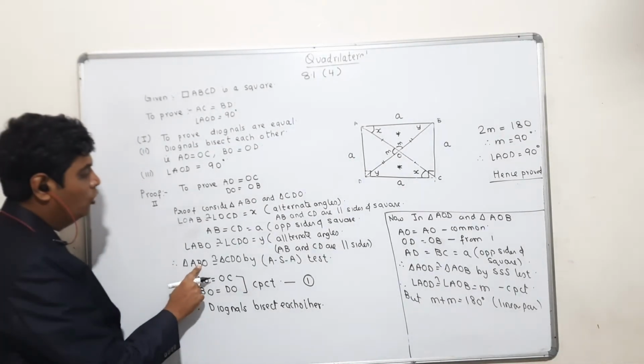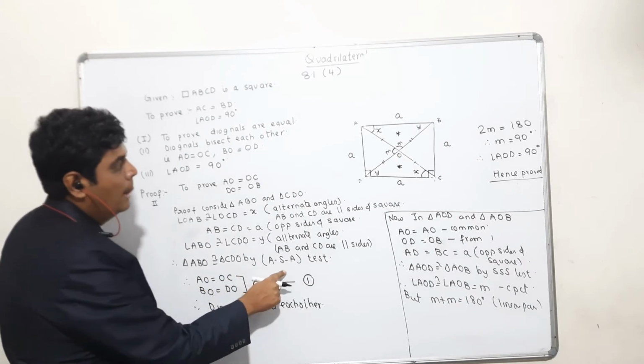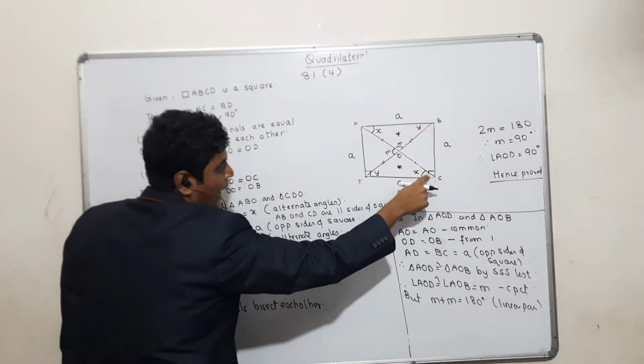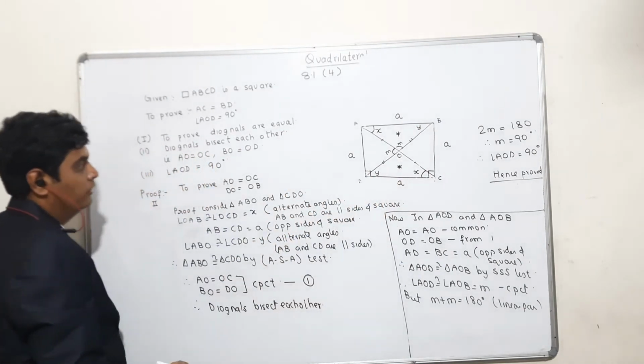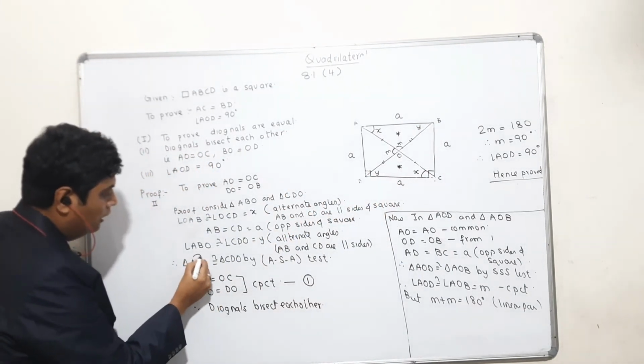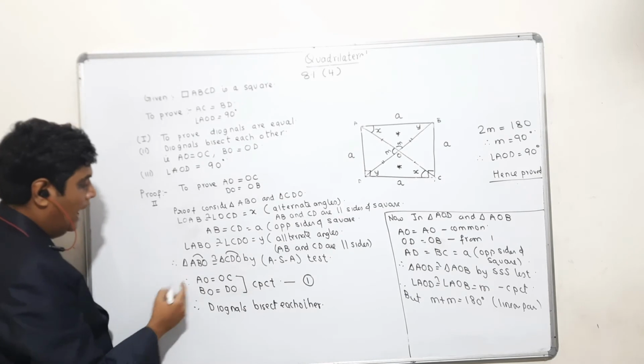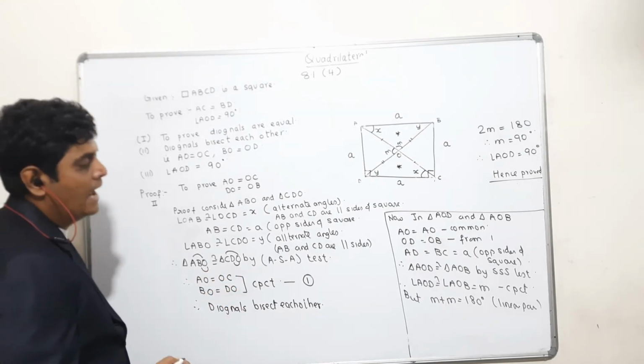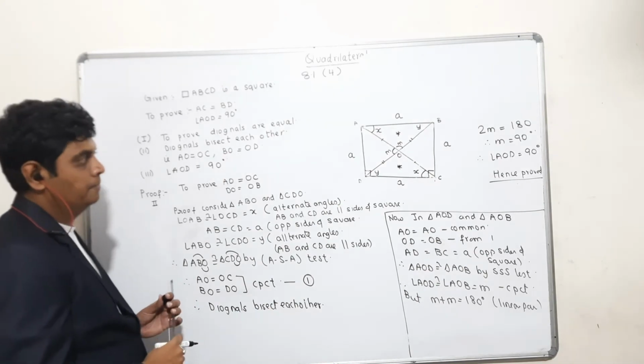Therefore, triangle ABO is congruent to triangle CDO by ASA test of congruence. Angle, side, angle. Therefore, AO is equal to CO and BO is equal to DO, CPCT. Hence, diagonals bisect each other.